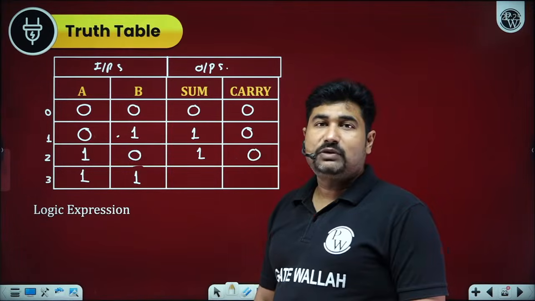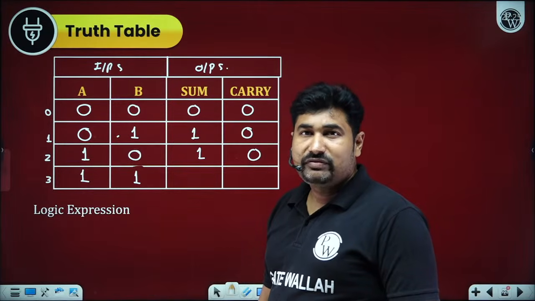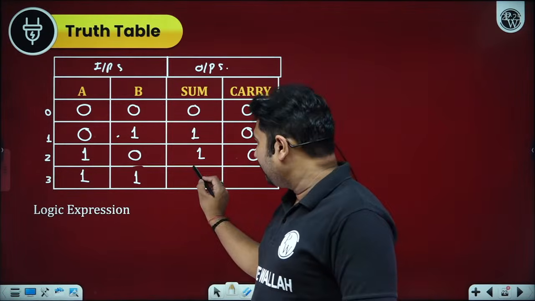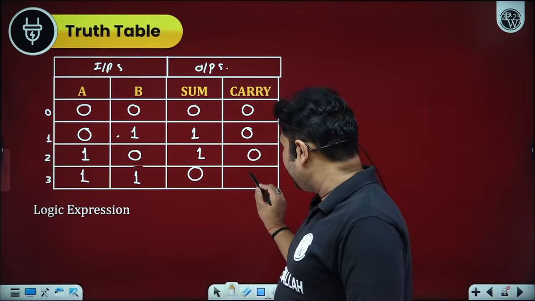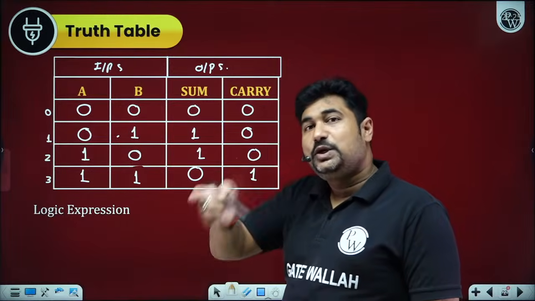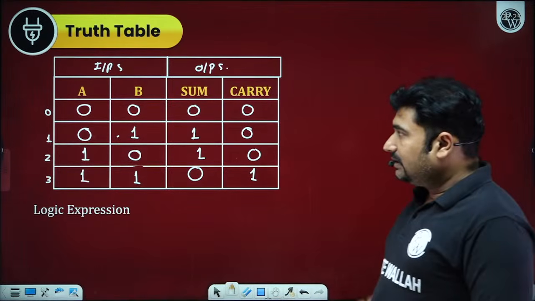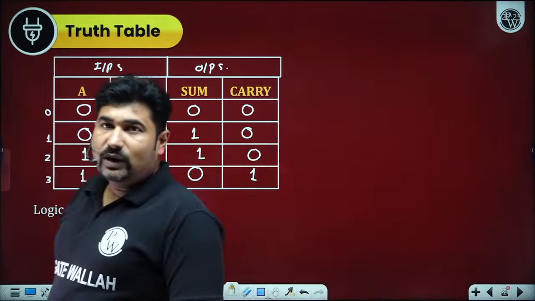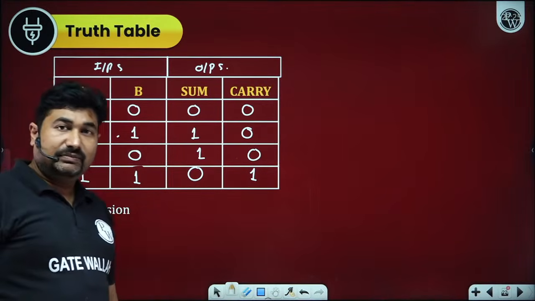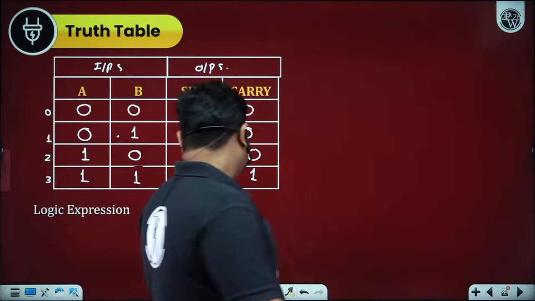What is 1 plus 1? 1 plus 1 will become 2, but in base 2 we write 1, 0. So sum will become 0 and carry will become 1. Whenever we add 1, 1 in 1 bit, the sum bit will become 0 and the carry bit will become high. Is it okay?